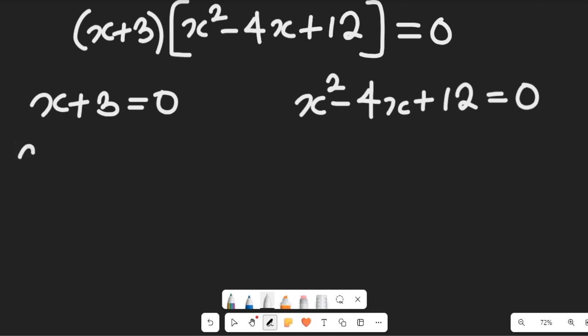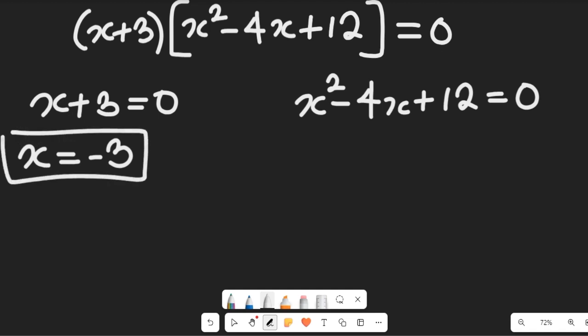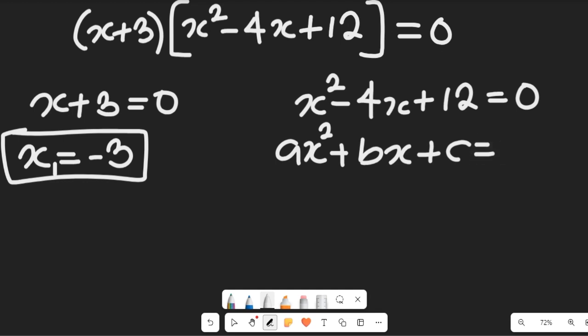So from here, my x can be equal to -3, right? And that is the first solution, x1. So from this, I can find my second solution. Considering this expression, I can say x squared minus or plus bx plus c is equal to 0.